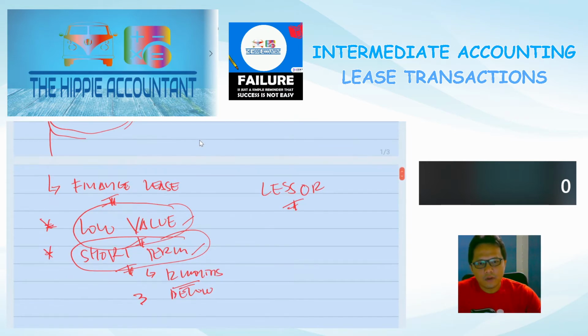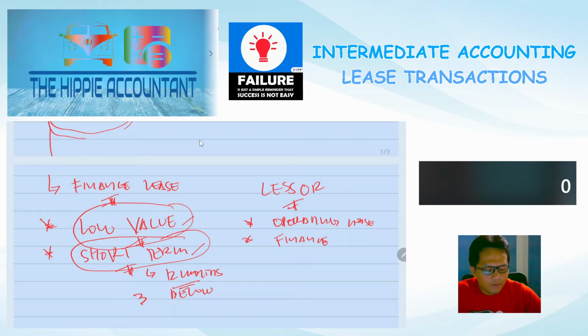So, in its absolute form, pwede pa rin tayong operating lease or finance lease, depende kung ano yung applicable na situation sa kanya.